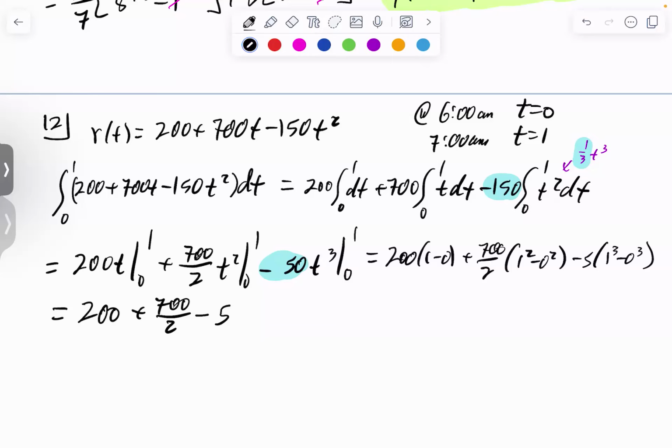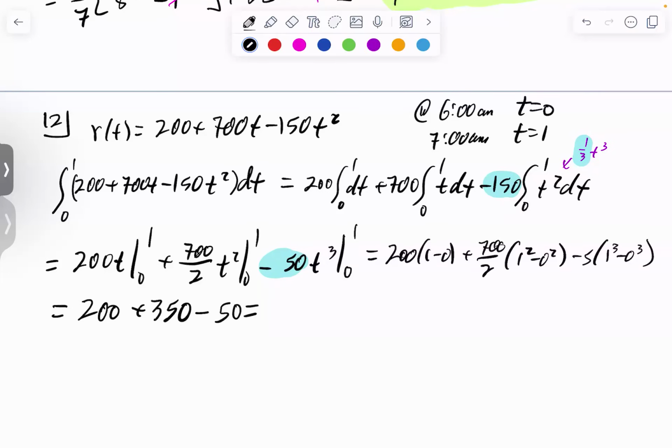And you know what? 700 over 2 is actually just 350 when you divide it out. And so when we add that up, that's going to be 300 plus 200. That's going to be 500 cars.